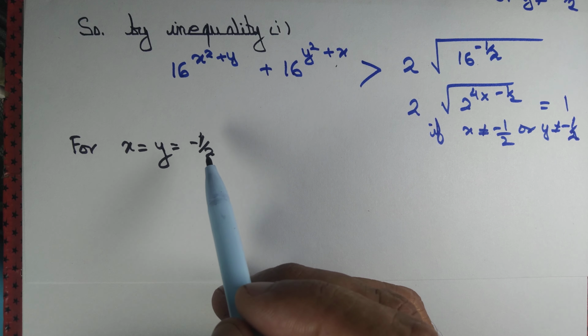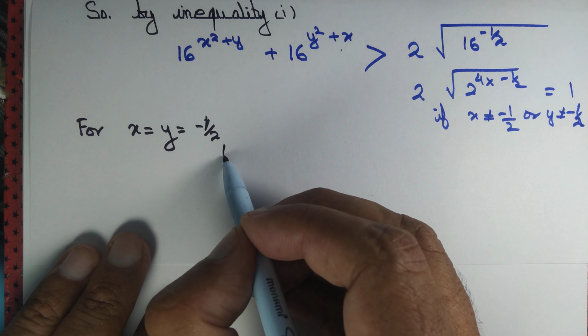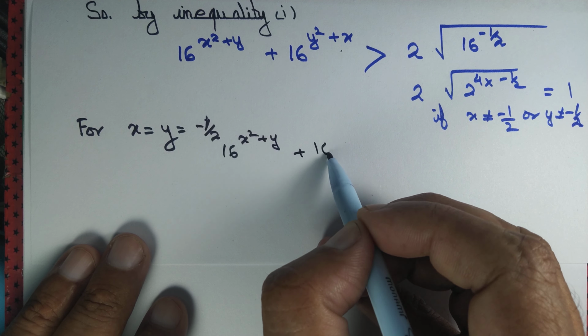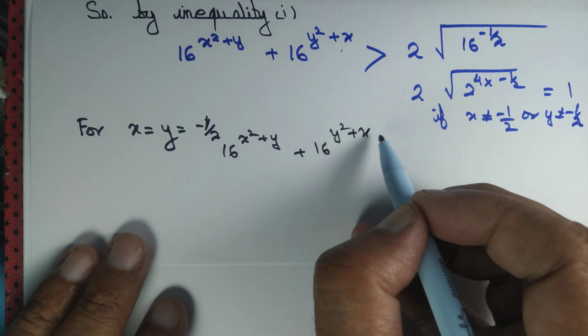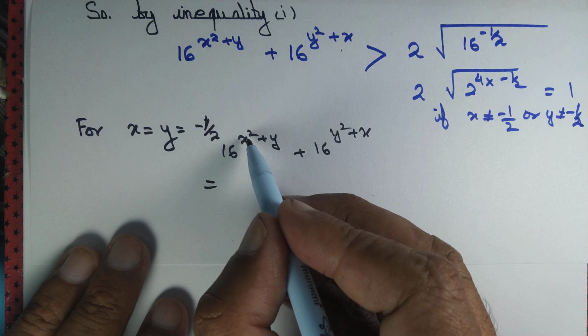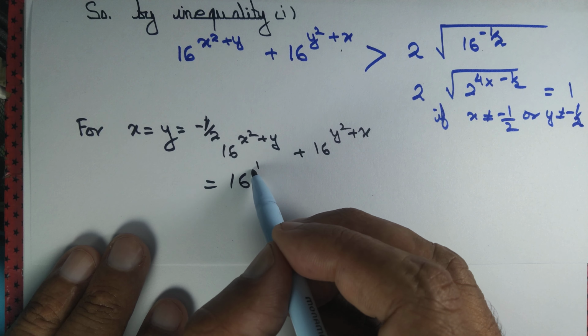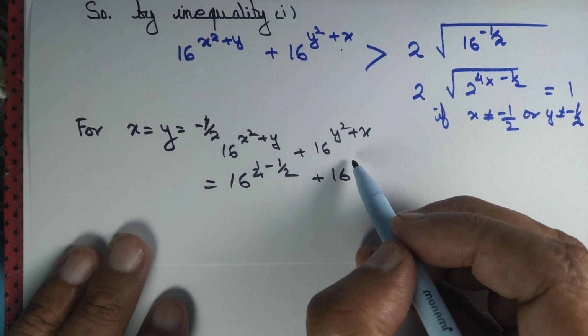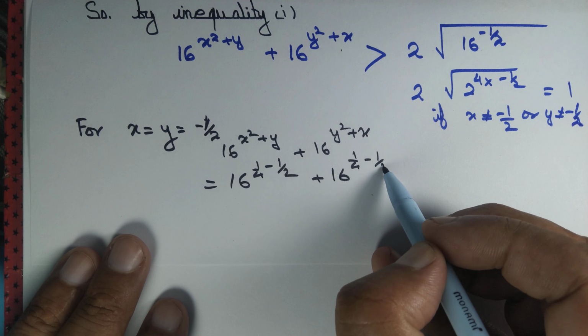For x equal to y equal to minus half, 16 to the power x square plus y plus 16 to the power y square plus x: minus half square is plus 1/4 and y is minus half, plus 16 to the power y square is plus 1/4 minus half.